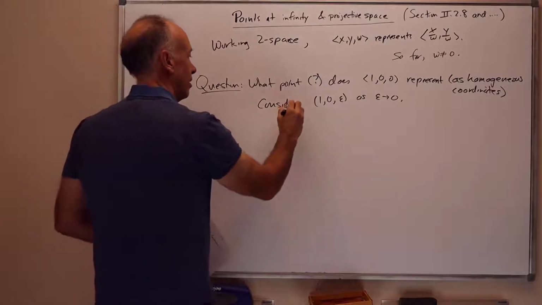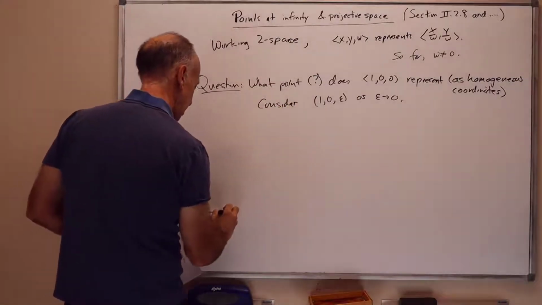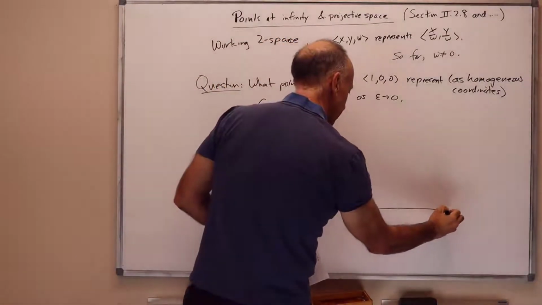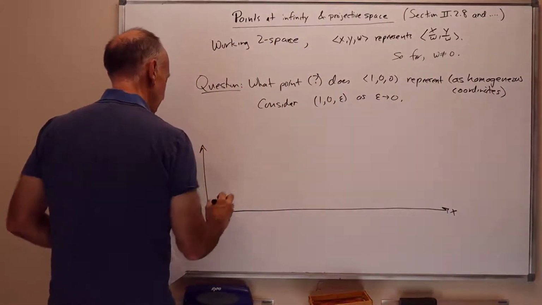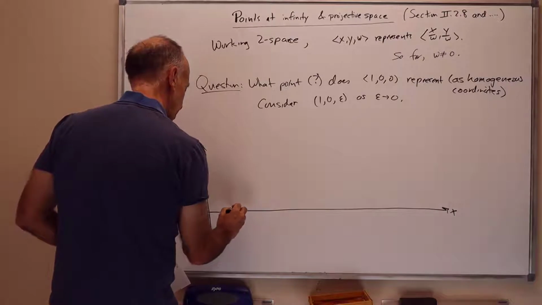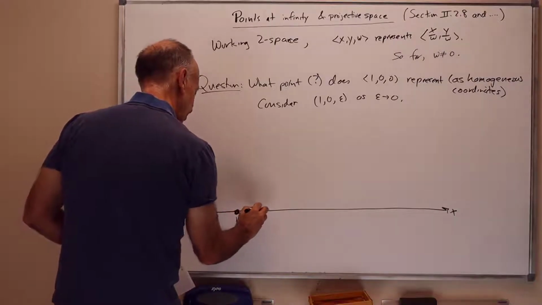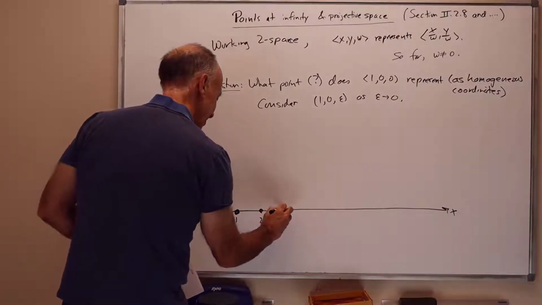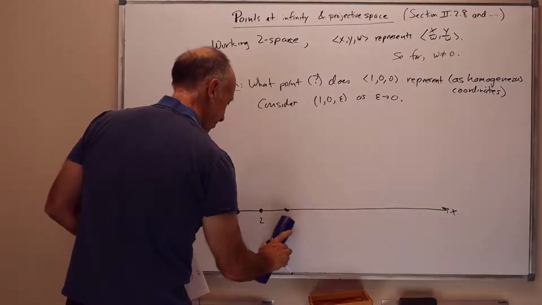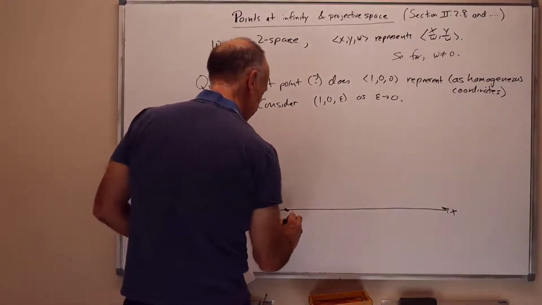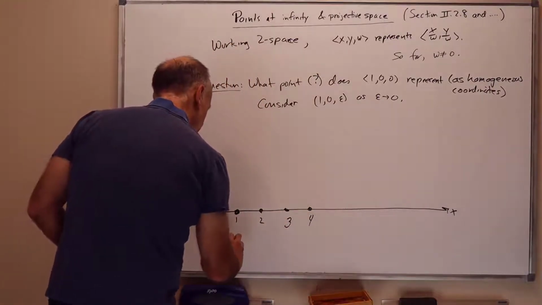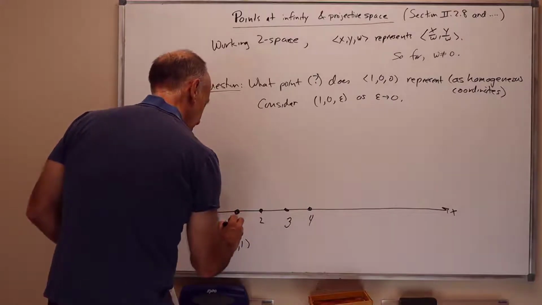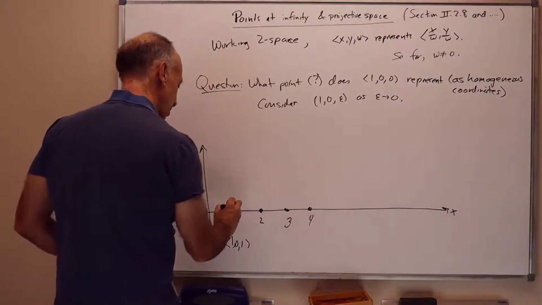So let's do this. Let me draw the x-axis is here. The y-axis is here. And, for instance, here is 1, 2, 3, 4, etc. And if we look at the point 1, 0, 1, that represents the point 1, 0, right?